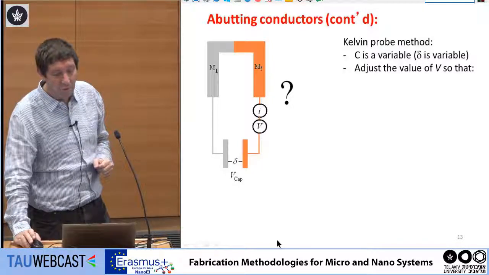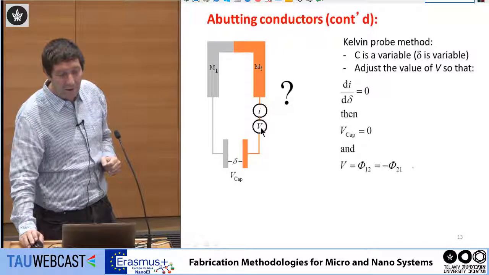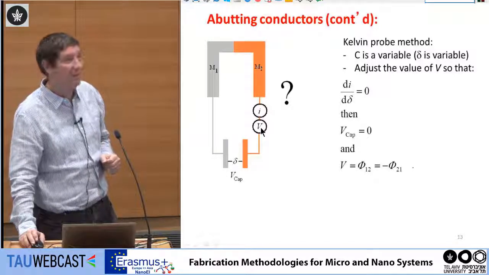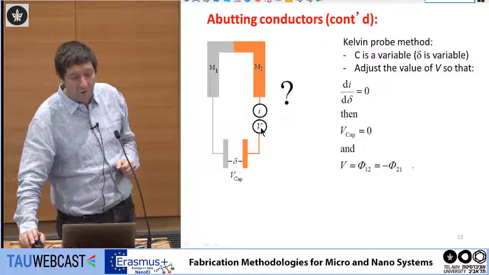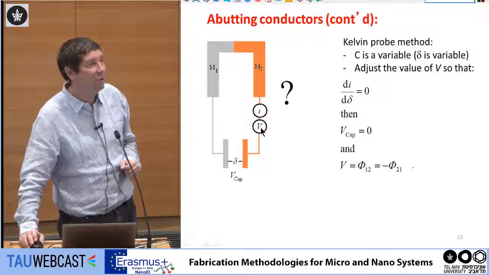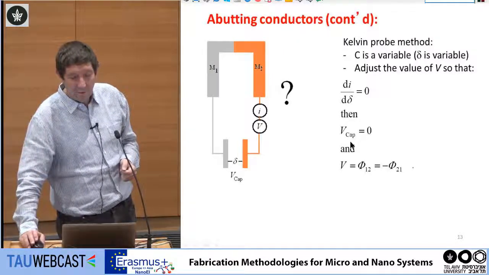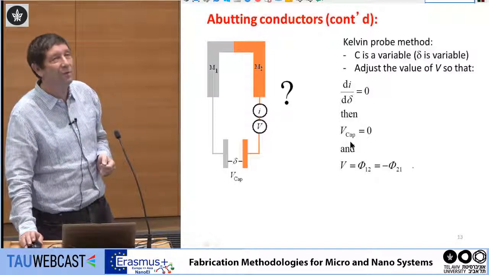Then what you do is change the potential. When you change V, you're generating a current here, because the capacitance is changing. And because the capacitance is changing and there is a voltage, the charge is a function of the voltage and the capacitance. Then you are measuring the potential where di over d delta equals 0.